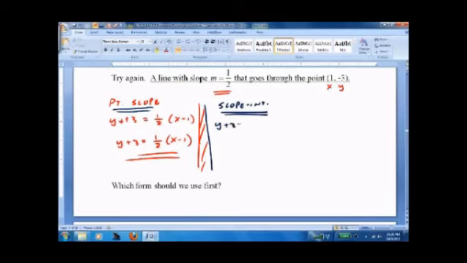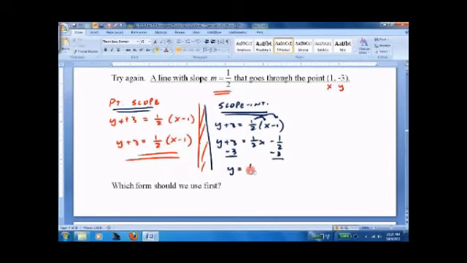Distribute the 1/2. First I'm just copying it over. Y plus 3 equals 1/2 x minus 1/2. Subtract 3 from both sides to get the y alone.